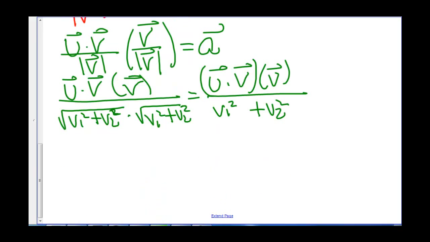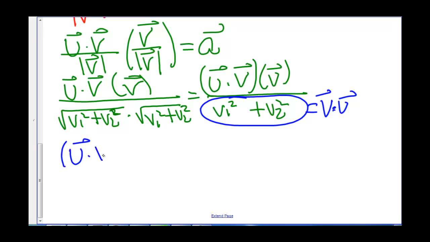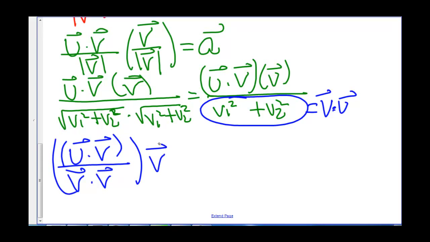And v1 squared plus v2 squared is v dot v. So we have u dot v over v dot v times the vector v equals our projection of u onto v.